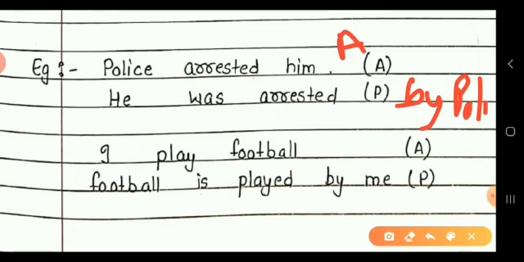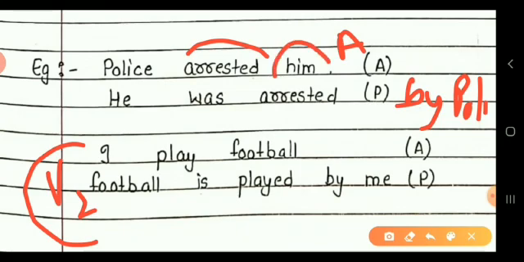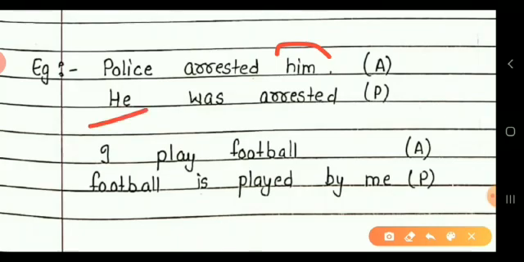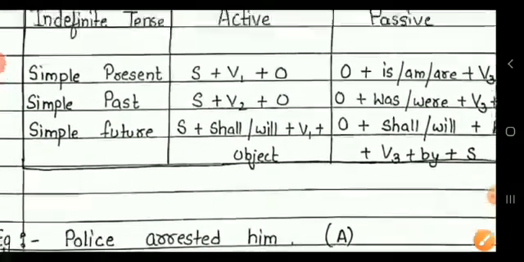And arrested here, second form is given. So V2 is there, so we will put was or were. He is singular, so we will put was with he and arrested. Rather than him, we will write he was arrested.